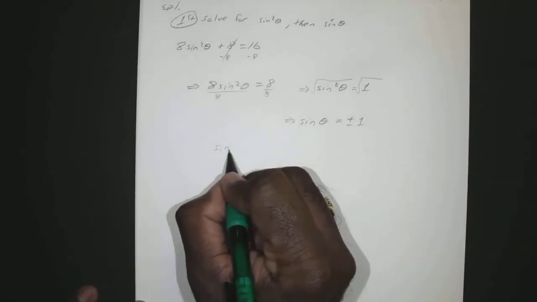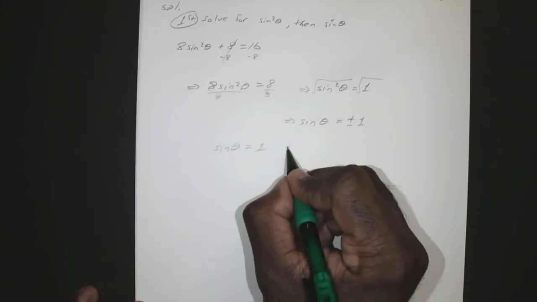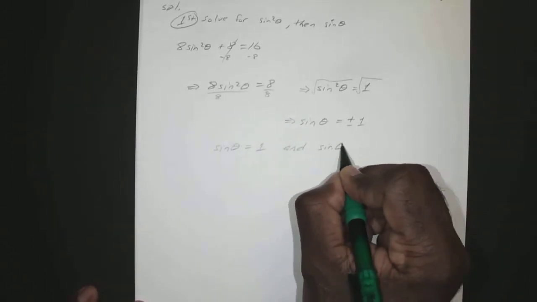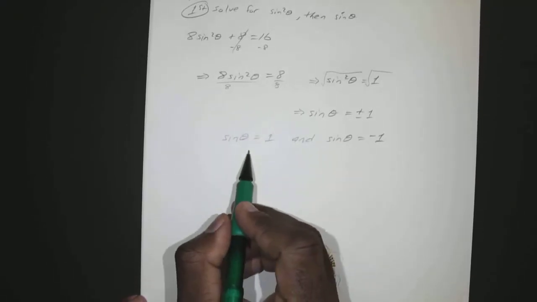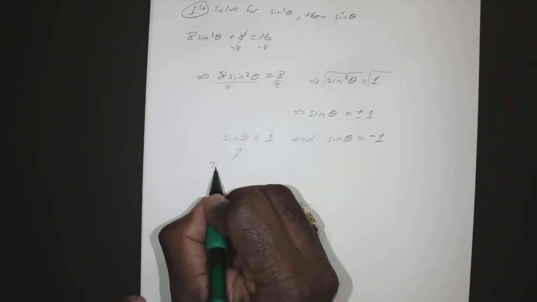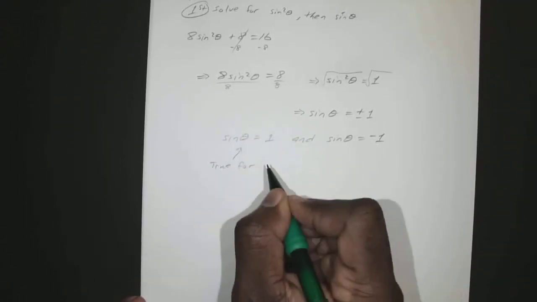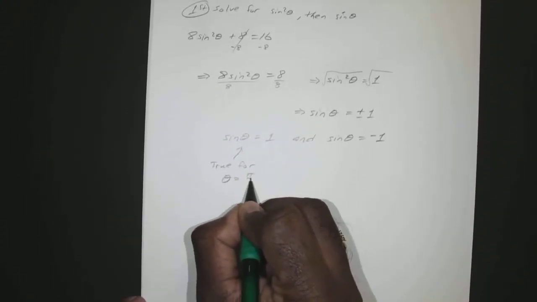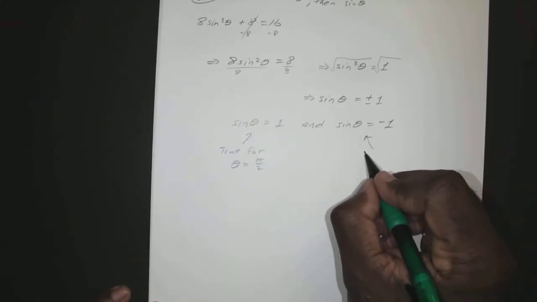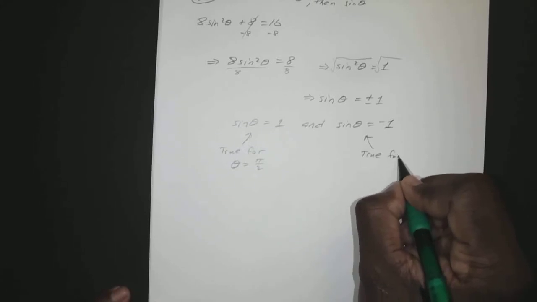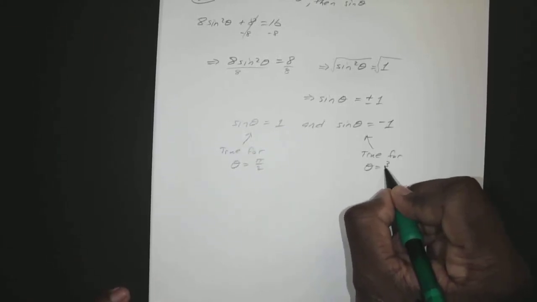Okay, so that means sine of theta equals 1, and sine of theta can equal negative 1. You know this one is true for theta equals pi over 2, and we know this one is true for theta equals 3 pi over 2.